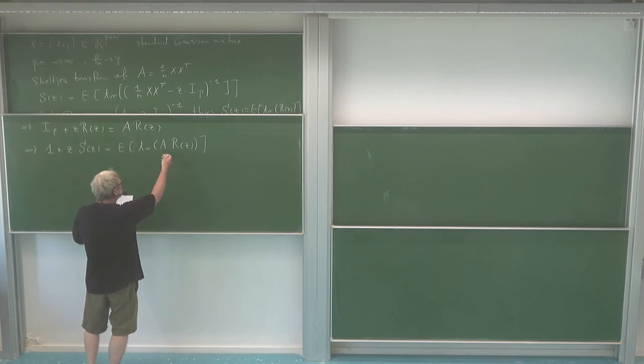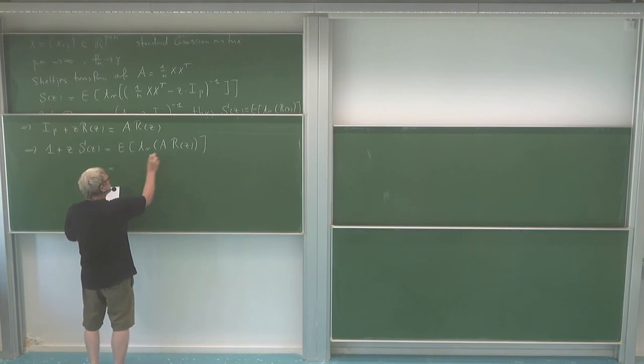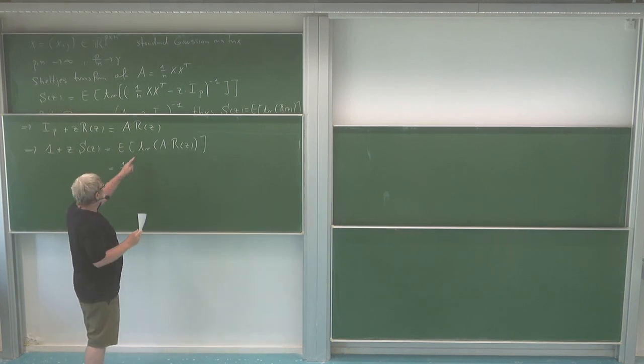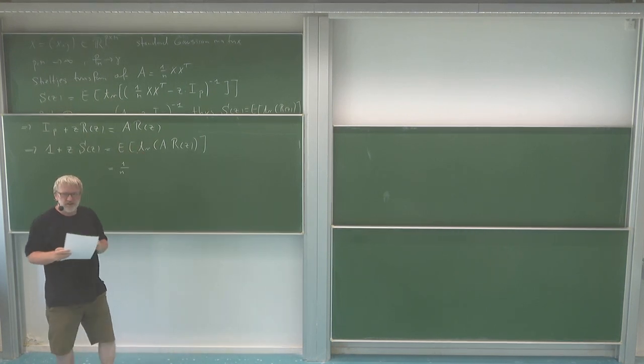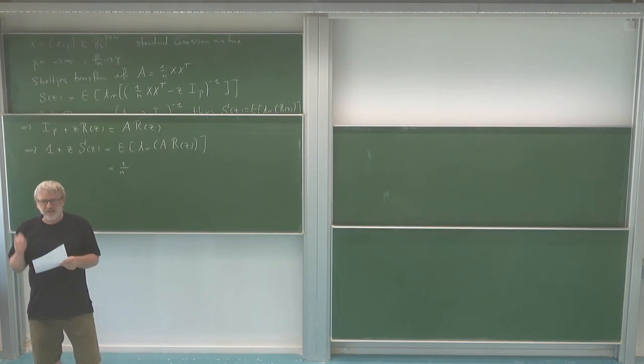So maybe let me write this down a bit more, working it out. I have here a matrix product, and this A is x transpose divided by n, so let me write the 1 over n here. And then if I'm doing explicit calculations in terms of my matrix entries, it's better to go to the unnormalized trace.